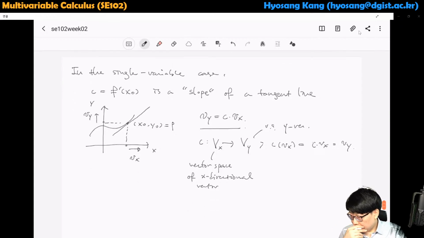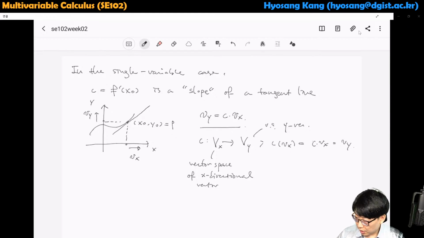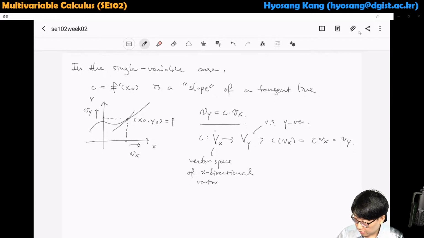In other words, if you think about the vector space of x directional vectors, there is only one direction. Either you move along the positive x direction or the negative x direction with a certain speed. So all of these vx, vy maps are identical to the real number system.